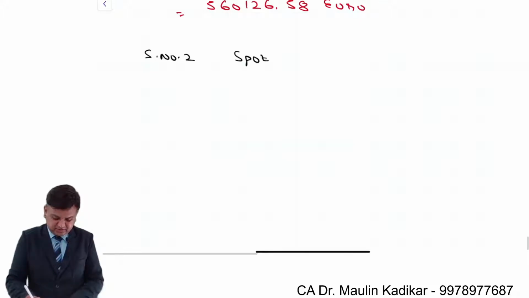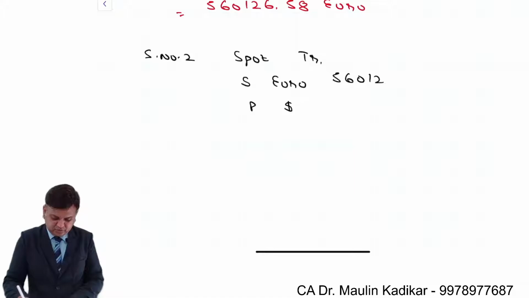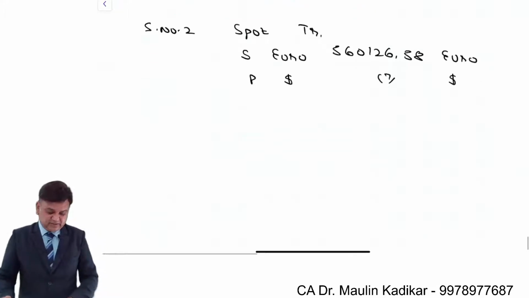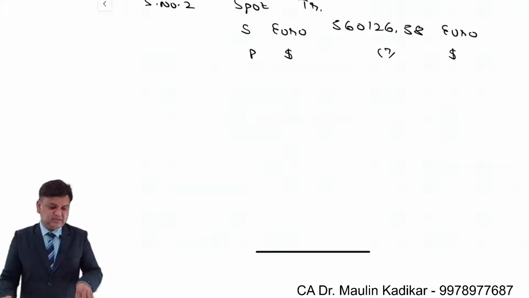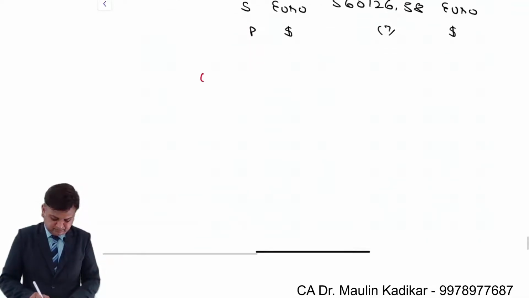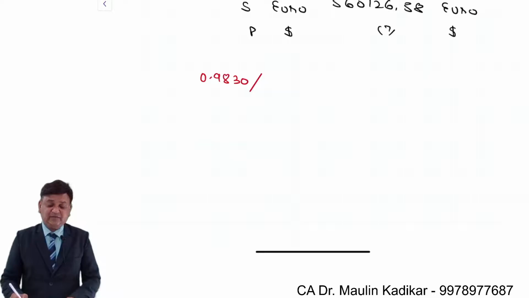Step number 2, spot transaction for sell of euro and purchase of dollar. 560,126.58 euro to be sold for purchasing this amount of dollar. Okay, what is the spot exchange rate? Spot exchange rate is 0.9830 slash 0.9850.